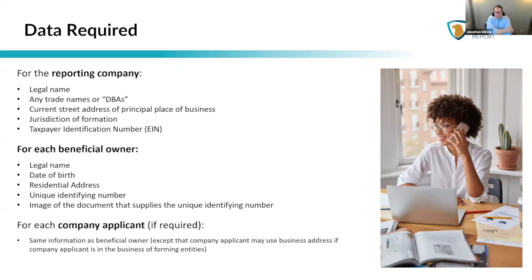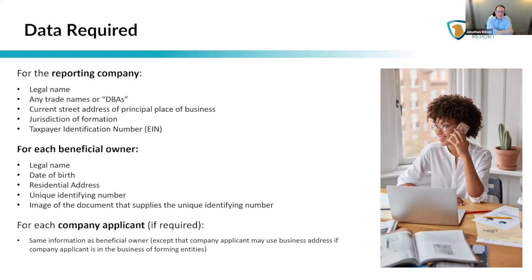FinCEN just won't let you file. I have tried to certify the question to FinCEN's help desk. Unfortunately, they just aren't answering questions anymore, and you get a robot answer back from FinCEN. So my advice, if you have entities formed in 2024, get the EIN early. Even if it's a disregarded entity, get the EIN anyway, because you're going to need it in order to file on time.